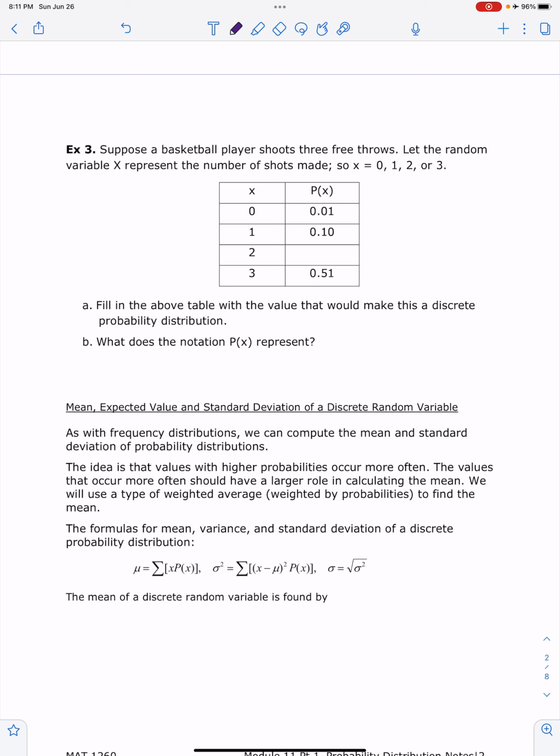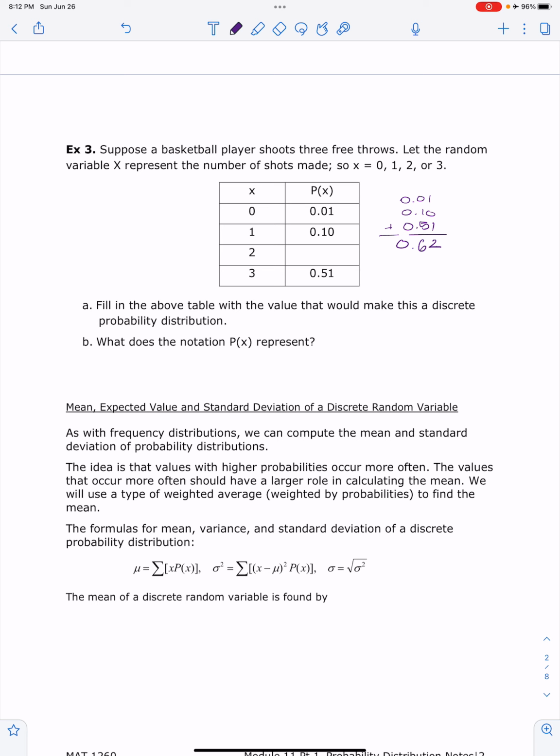So if this is a probability distribution, again, and discrete, because our numbers are separate and distinct, we have to figure out what this all adds to, or what the probability of a 2 has to be, so that this adds to 1.